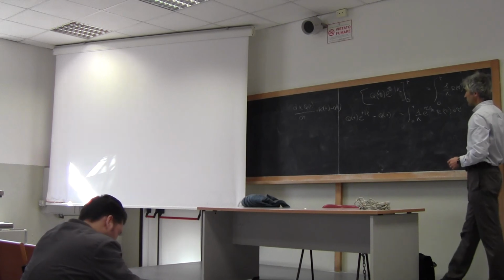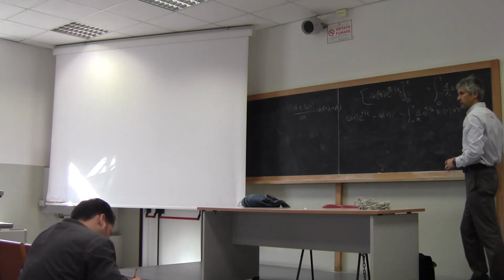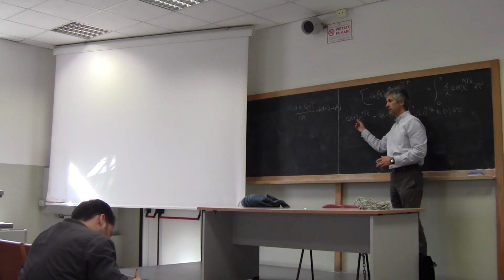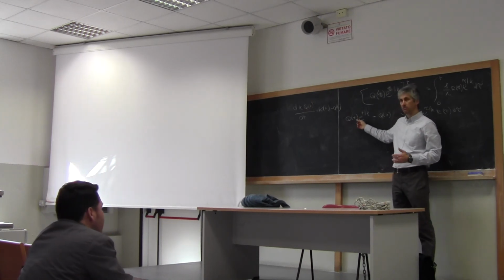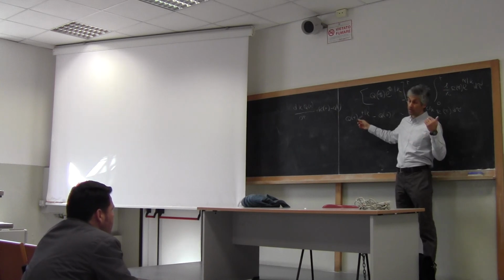Okay, now we can move forward. Given that I am interested in getting the value of q_t, I would like to divide every term by e to the power of t over k.